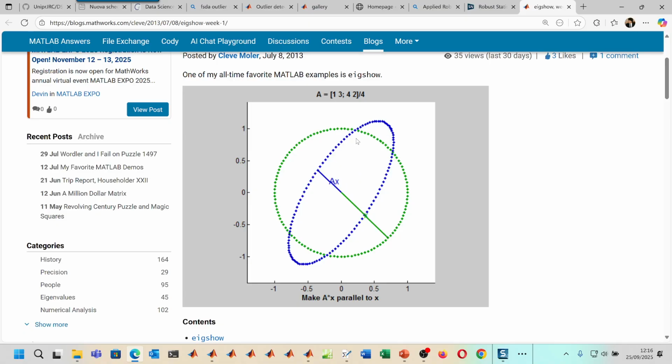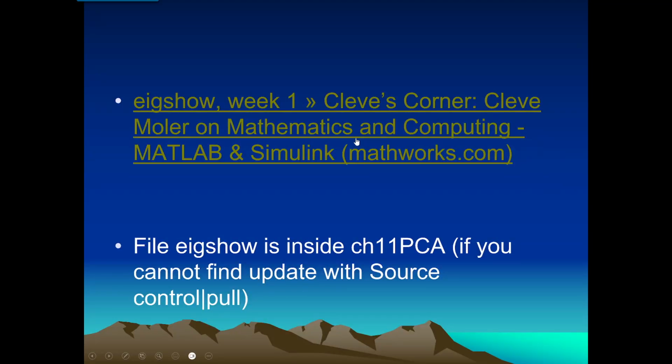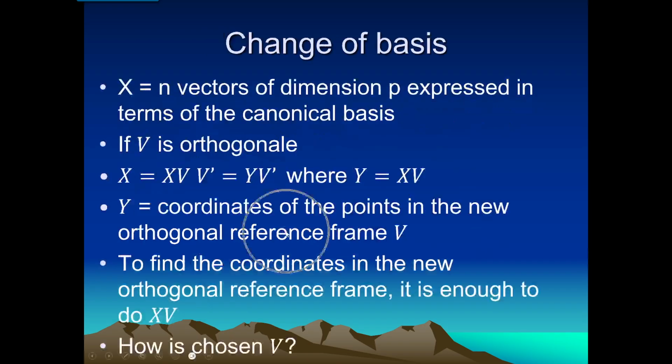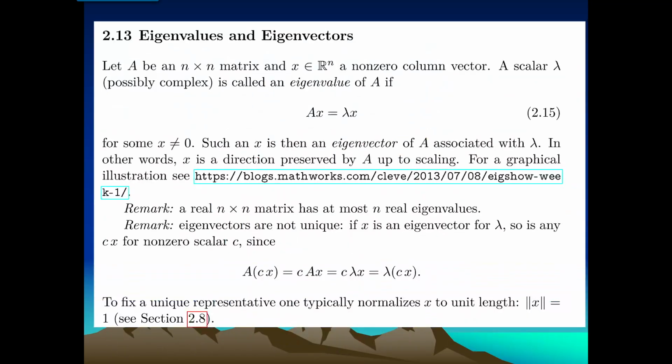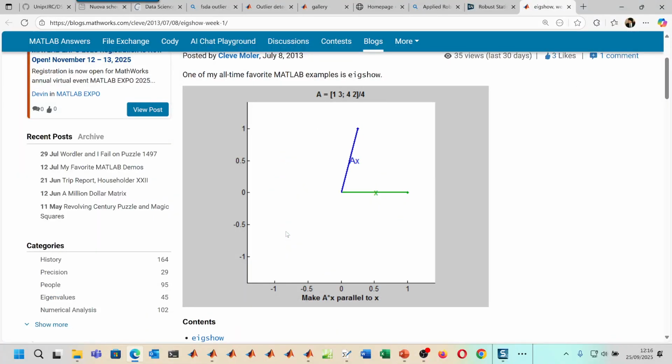When they are aligned, then we say that you have found the eigenvectors and eigenvalues. Okay, but this is just to give you an idea, because this is really fascinating.